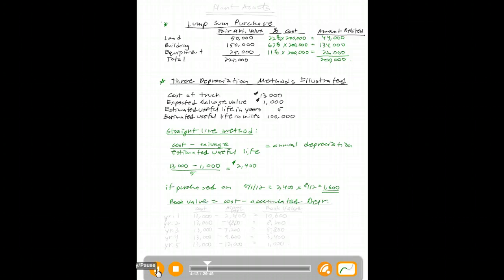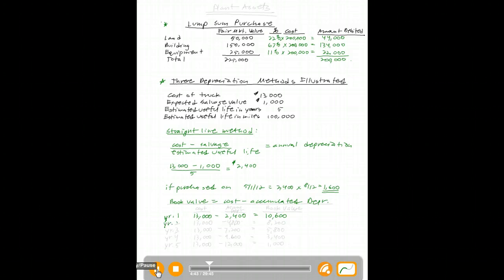Another thing to note is that the book value is going to change every year. The book value is cost minus the accumulated depreciation. So at the end of year 1, your cost is $13,000, and you would have had 1 year of depreciation, so your book value would be $10,600.